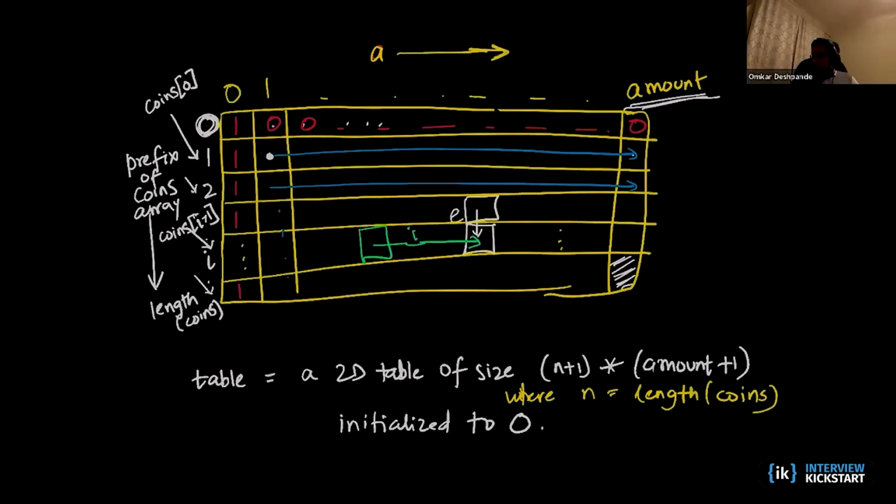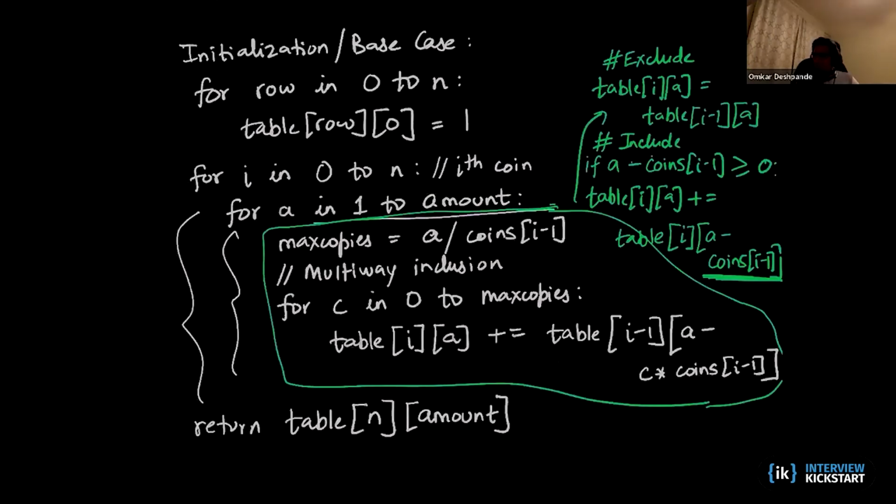So it's pretty clear then that the time this will take to run is order n times the amount. Otherwise, you would say it's n times the amount times the max copies. But with a binary choice, it's just that.